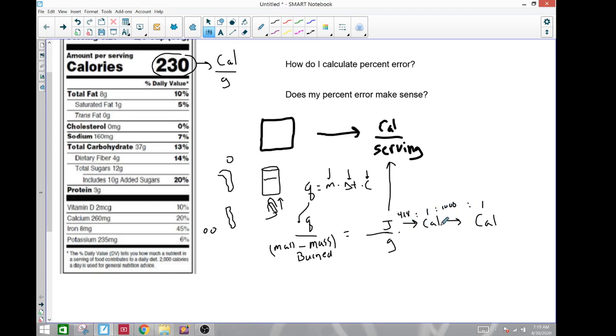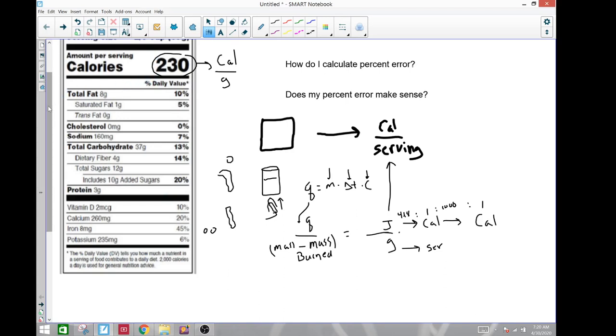I'm not going to walk through the factor label. You can set up your units and cancel them out. The grams needs to be converted to servings. And what is that? Now, this is not the packaging from our lab. I just downloaded one of these. But you've got to look at it and say, where on the package can I find that?